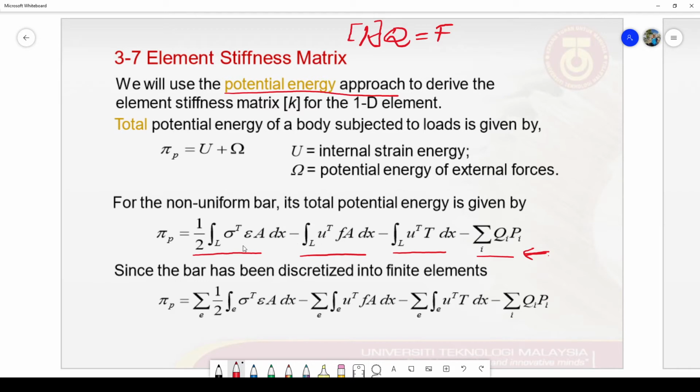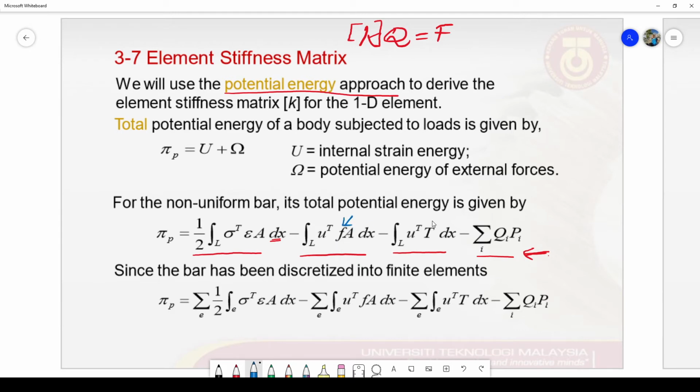The first term contains the information of the stress, the strain, the area, and the distance dx, or the length of our element. Then in the second term we have Fb, which is the force due to the body force.